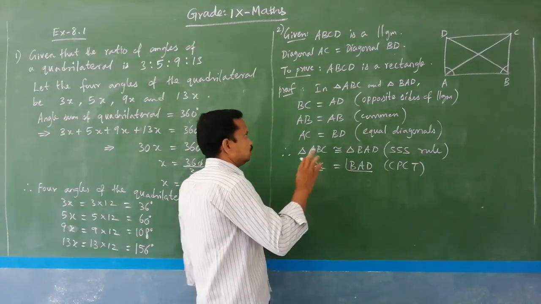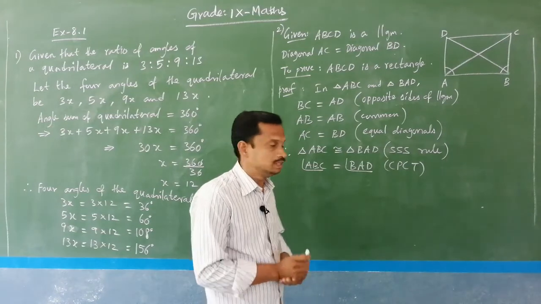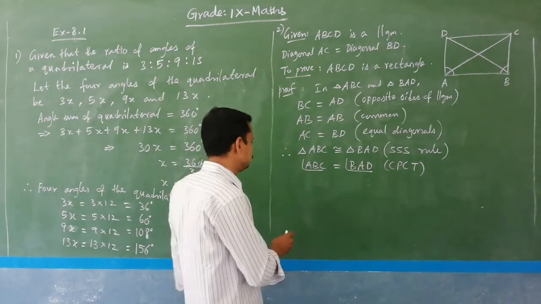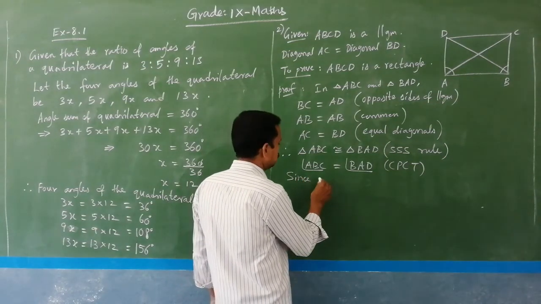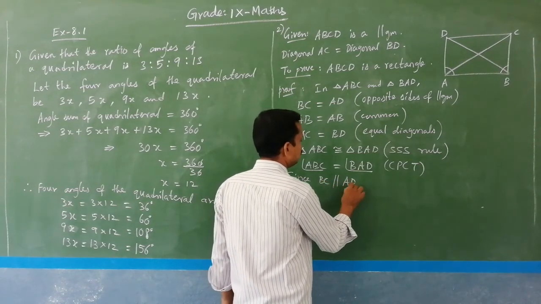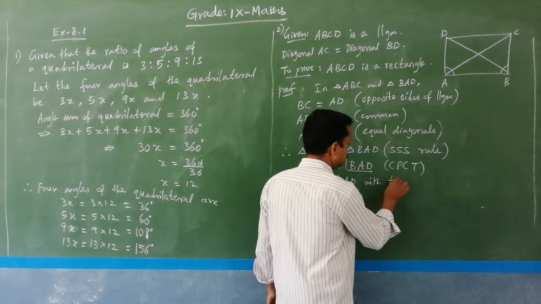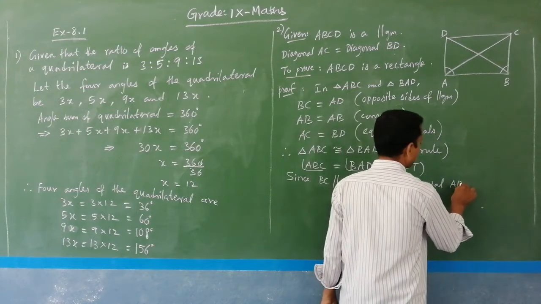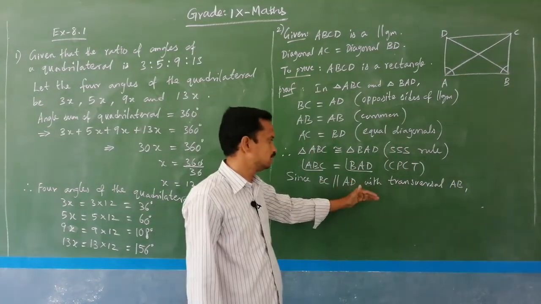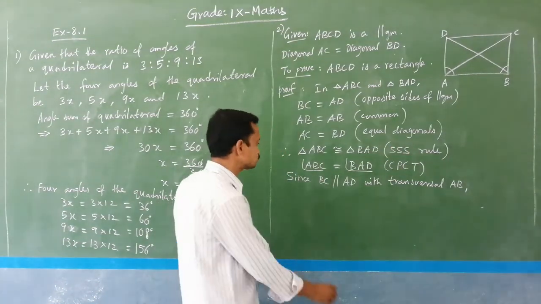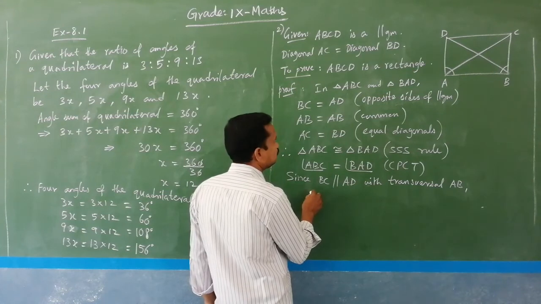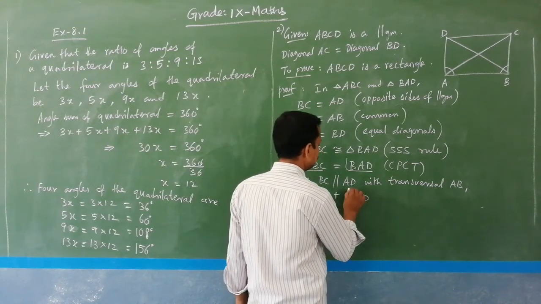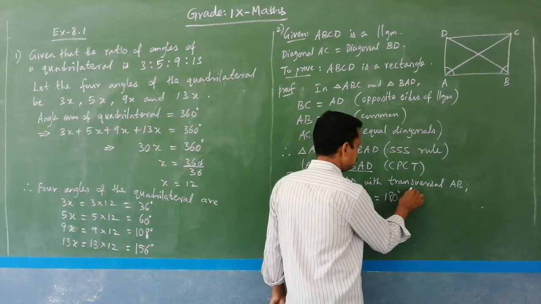But since it is a parallelogram ABCD, and you consider AB as transversal and BC parallel to AD, okay, BC parallel to AD with transversal AB, then we can say angle ABC plus angle BAD is equal to 180 degrees.